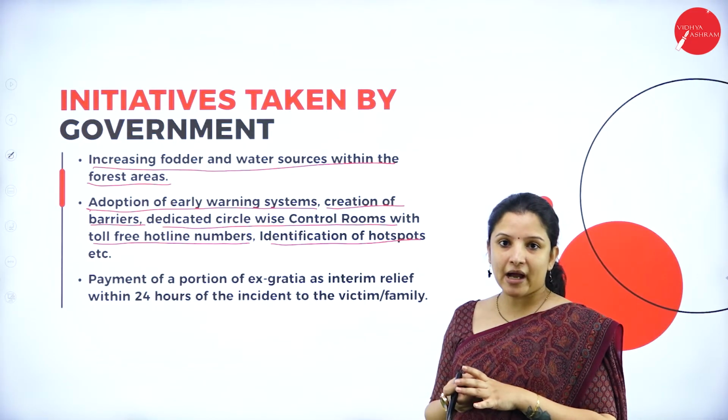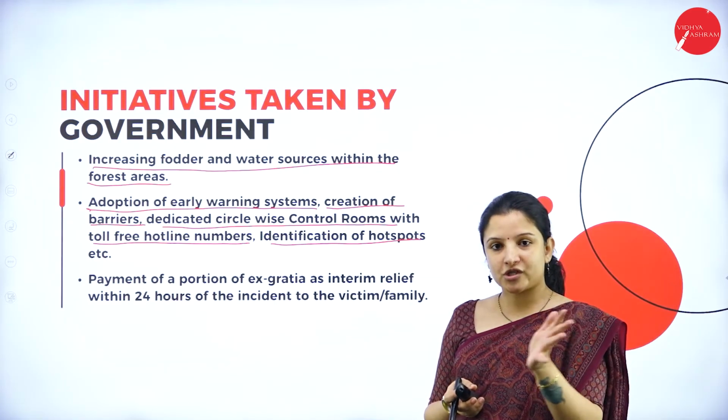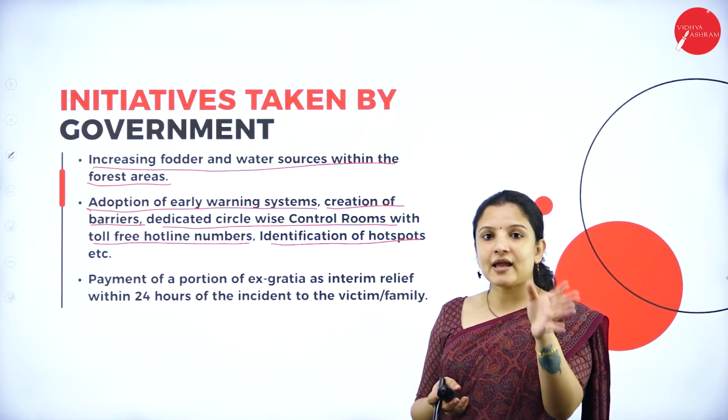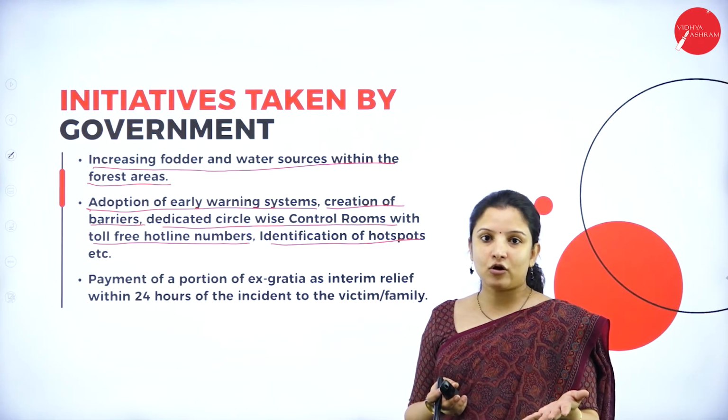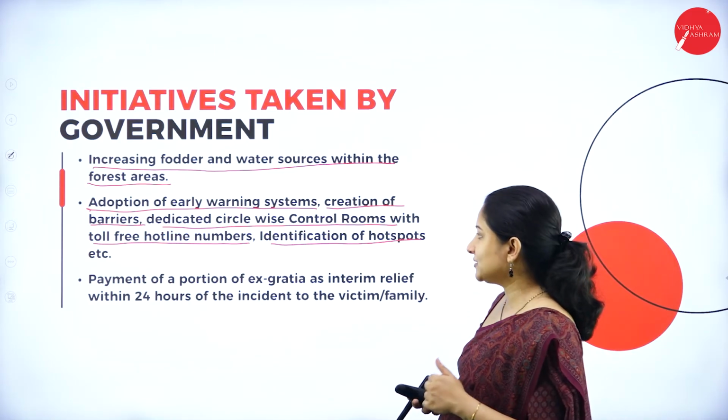Next is to create barriers, like nowadays in the areas or human settlements which share boundaries with the forest, they have electric fences and all that. So such barriers will also prevent the wildlife from entering into human settlements.